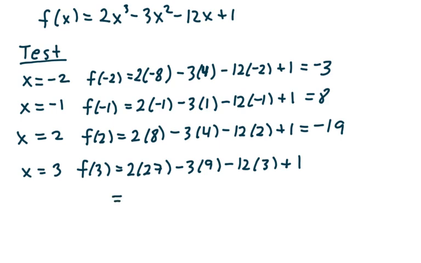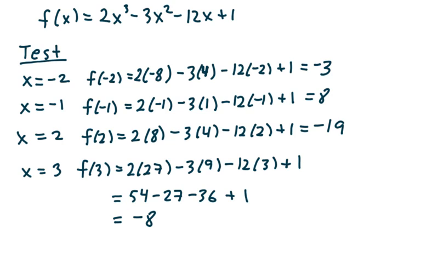And from here, we're going to get, looks like 54 minus 27 minus 36 plus 1, right? And then 54 minus 27, that's 27. 27 minus 36 is negative 9. Negative 9 plus 1 is negative 8.